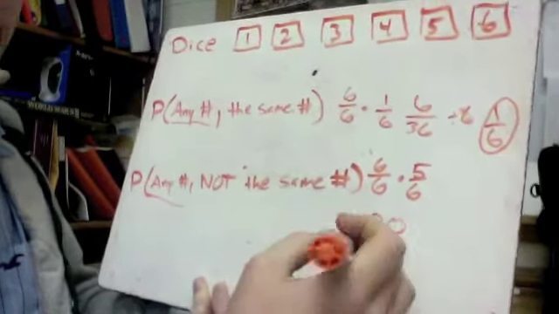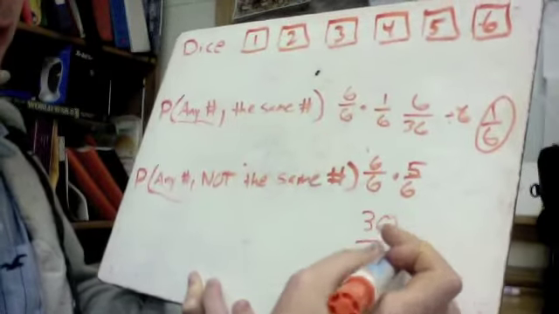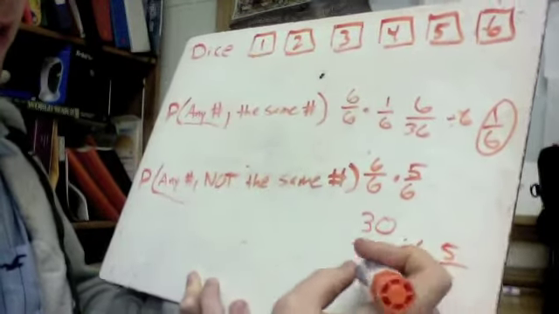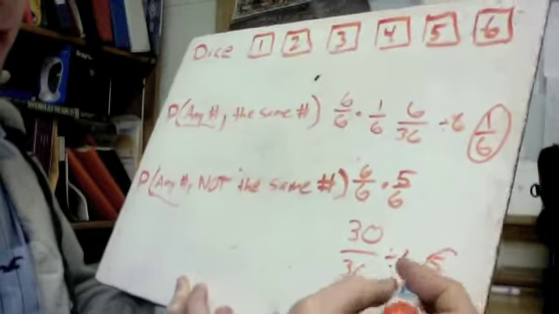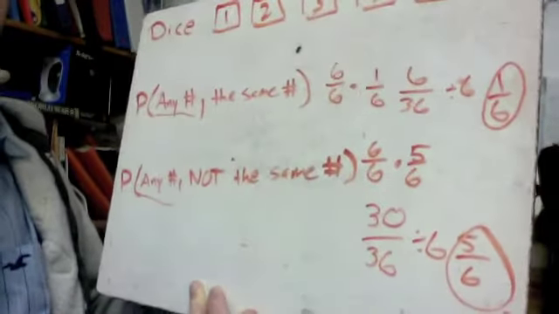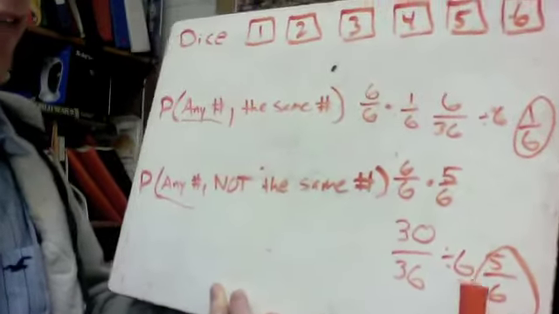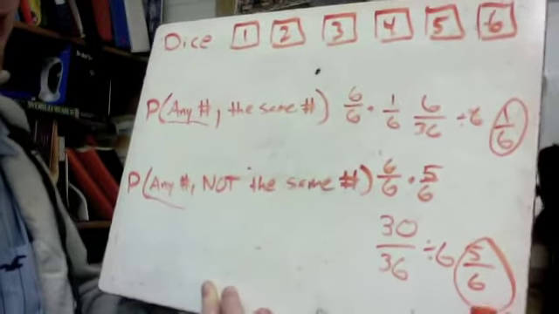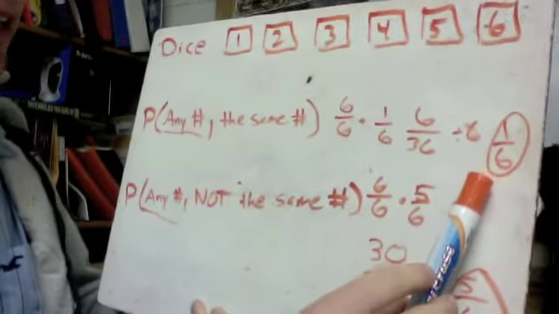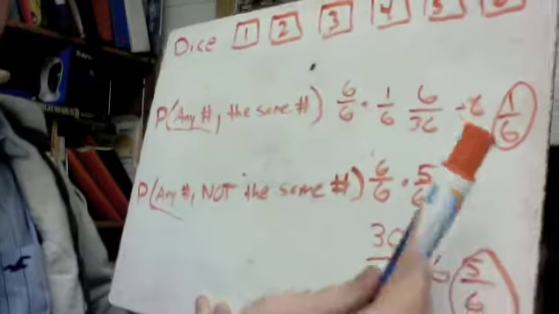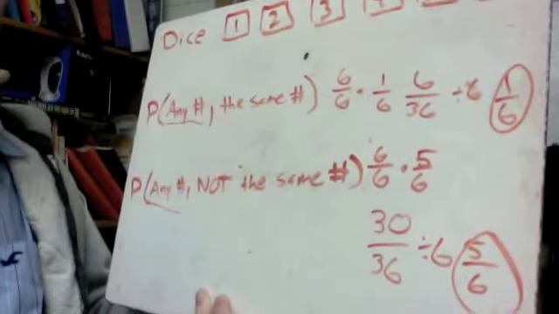Reduce that down, 6 goes into both of those. 30 divided by 6 would be 5. 36 divided by 6 would be 6. I've got a 5/6 chance. So I've got a really good chance of not getting the same number back to back. I've got a pretty poor chance of actually getting the same number back to back.